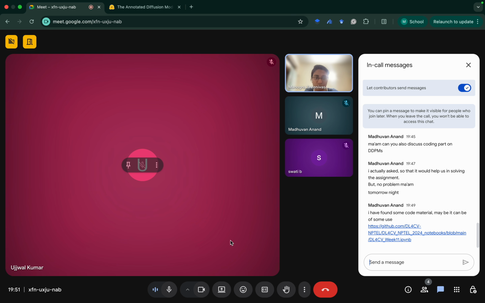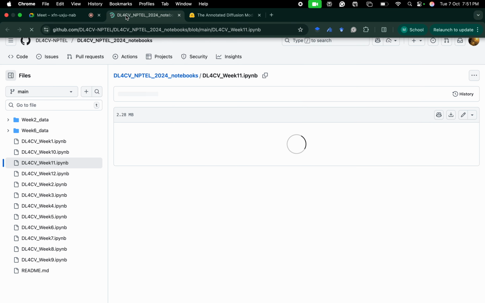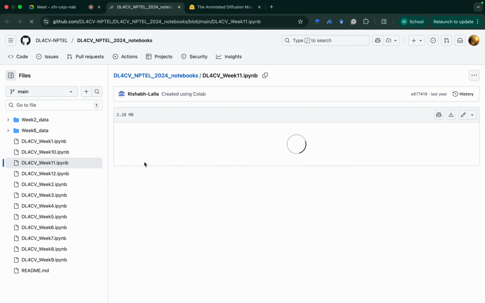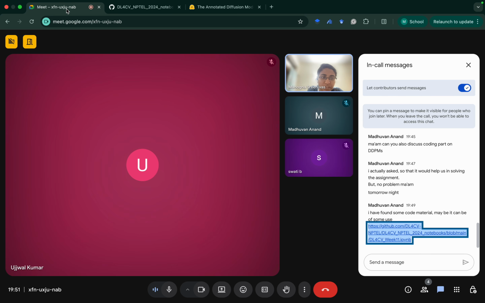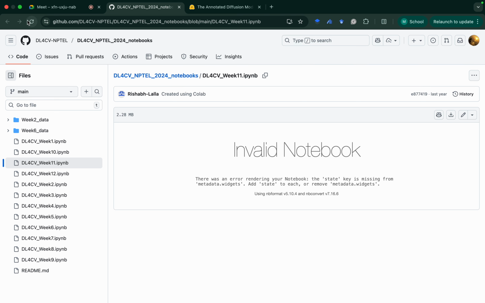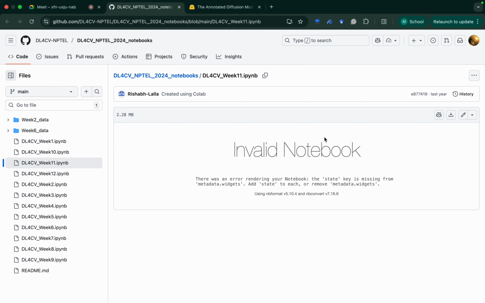Found something. But is this file loading for you? The GitHub thing which you shared, it shows invalid notebook to me.